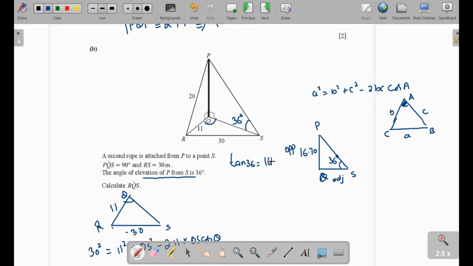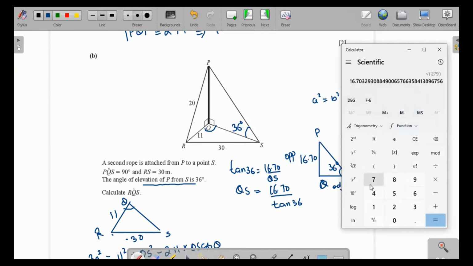opposite side over adjacent side, and the adjacent side is QS, so the QS value will be equal to 16.70 divided by tan 36. Now we take it from the calculator. 16.7 divided by tan 36.